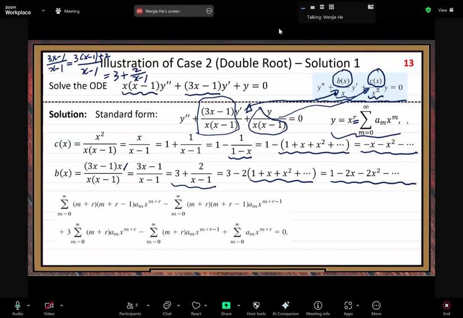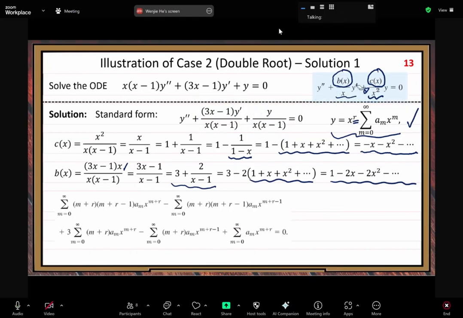If y takes this one, can you see? So here, another big step. Let me erase, I need some space. So here, this step, y equals this one.